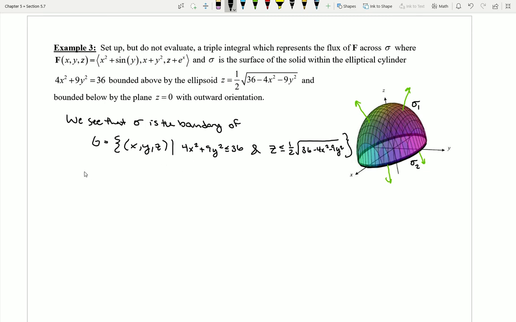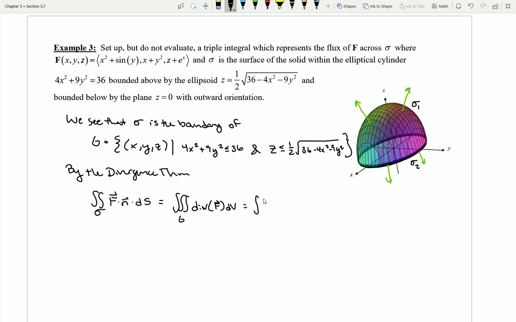So the divergence theorem tells us that if I want to compute the flux, which is given by this, what I would have to do instead is set up my triple integral over G of the divergence of F. Okay, so let's calculate the divergence and see how difficult this is going to be to work with.